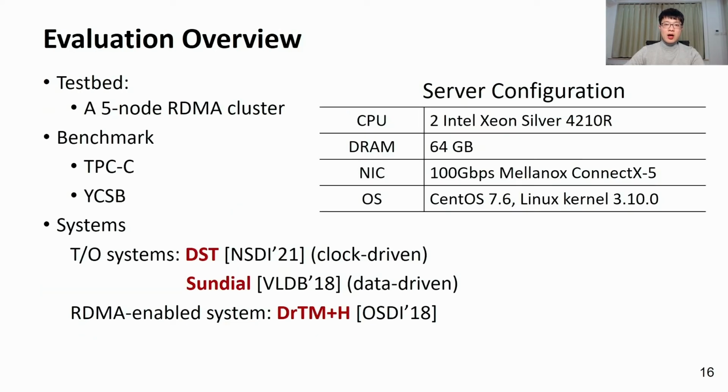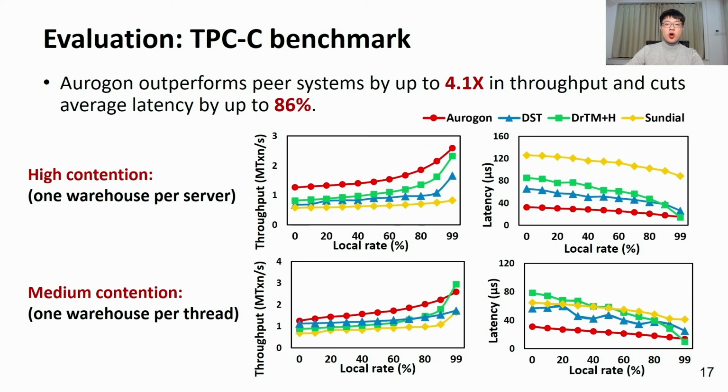Our evaluation is done using a 5-node RDMA cluster with server configuration listed here. We tested with both TPC-C and YCSB benchmarks. For comparison, we also test three state-of-the-art transaction systems: a clock-driven approach DST, a data-driven approach Sundial, and an RDMA-enabled system DRTM+H. We adopt two common configurations for TPC-C and evaluate the systems under high contention TPC-C and medium contention TPC-C.